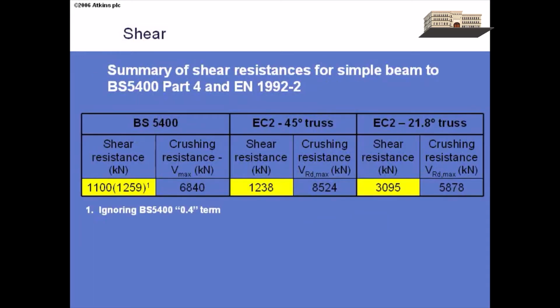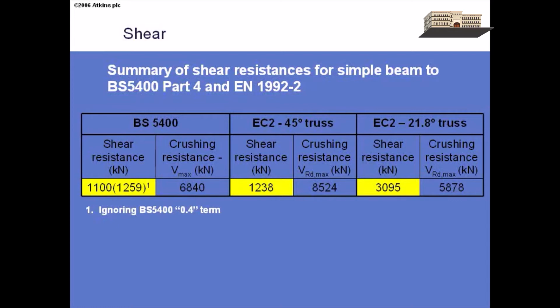If we were to design or assess that situation to BS500, we would be using this 45-degree fixed truss angle, and we would get a shear resistance of 1100 kilonewtons. The figure in brackets is what happens if we ignore the 0.4 term in BS500. This is the term where we deduct a certain amount of stress to allow for fatigue in the links. So we get 1259 if we ignore that term.